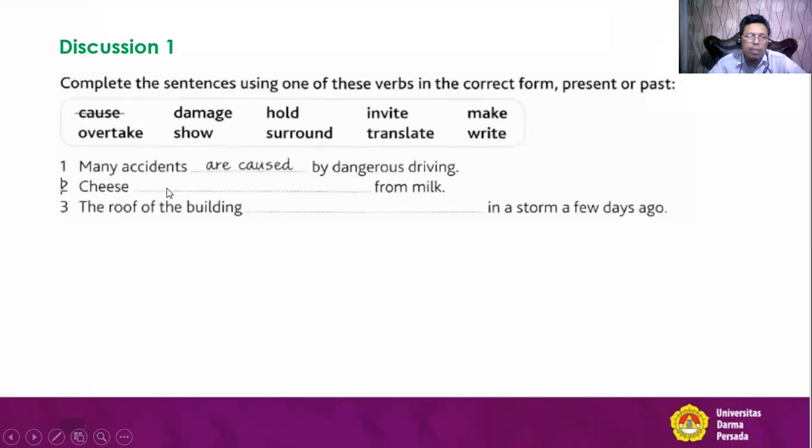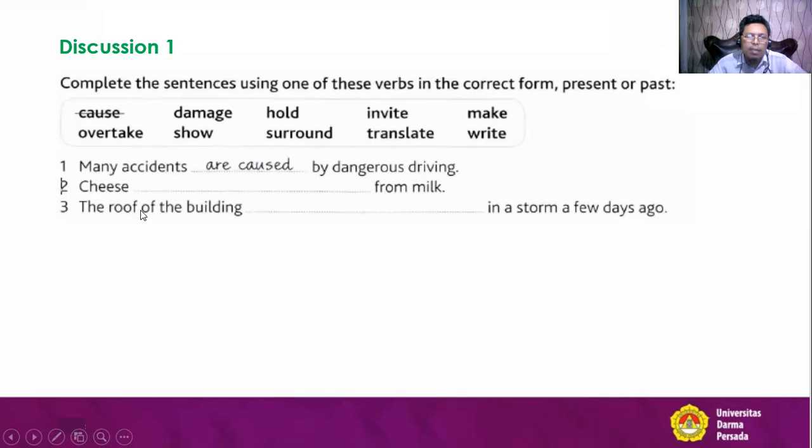What about number 2? Cheese is made from milk. Which verb are you going to use? Whatever it is, remember the combination is supposed to be, and then participle. Cheese is singular, and there is no indication of the past, so this one is supposed to be present.